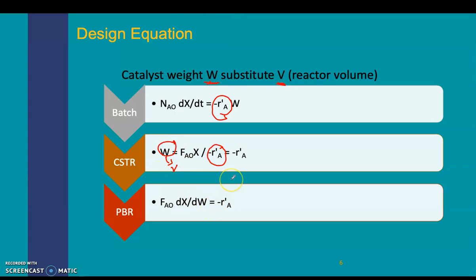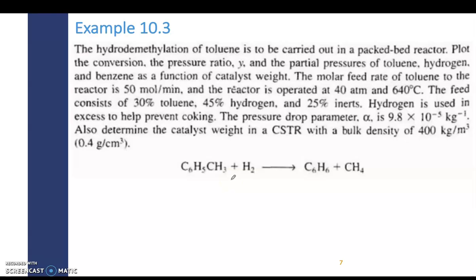Same goes for the PBR. So for example 10.3, if you look here, the molar feed rate of toluene to the reactor is 50 moles per minute. So this is FA naught. At this temperature, this is the mole fraction.